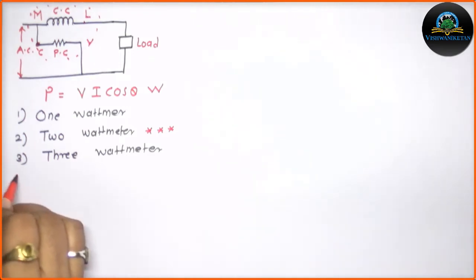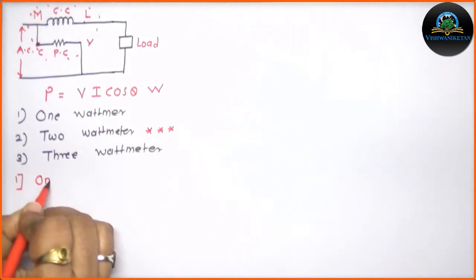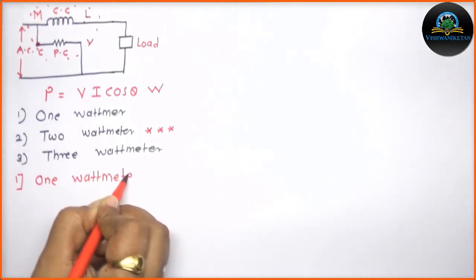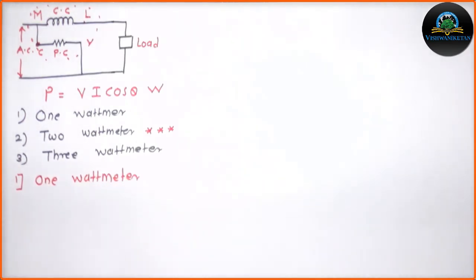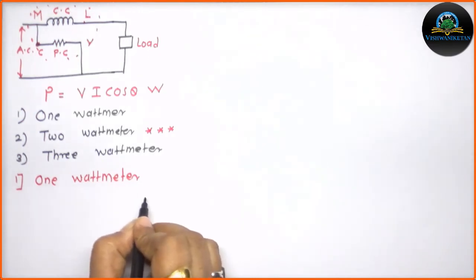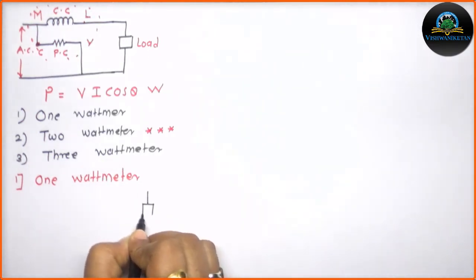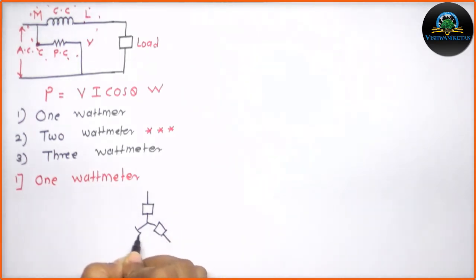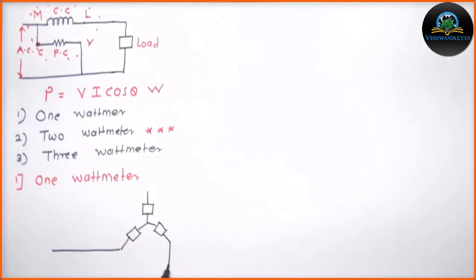Now first of all, we will concentrate on how to measure the power in the 1 wattmeter method. For the 1 wattmeter method, the connection is shown; I am measuring the power for a load in star connection, and only 1 wattmeter is used over here.